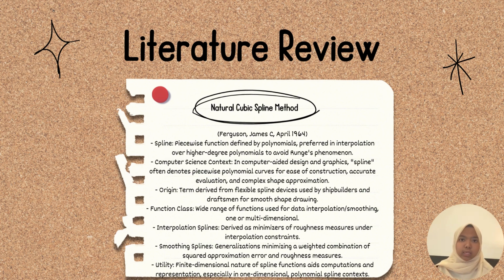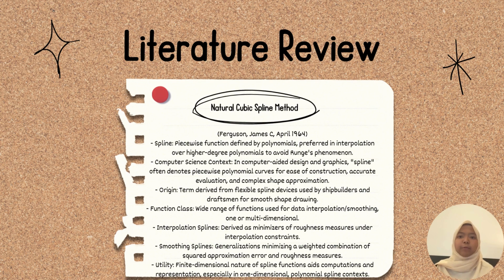Ferguson James in April 1964 said that the natural cubic spline is used in computer-aided design and graphics. It is often denoted as piecewise polynomial curves for ease of construction, accurate evaluation, and complex shape approximation.